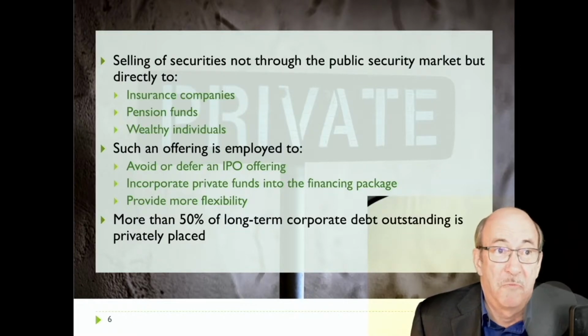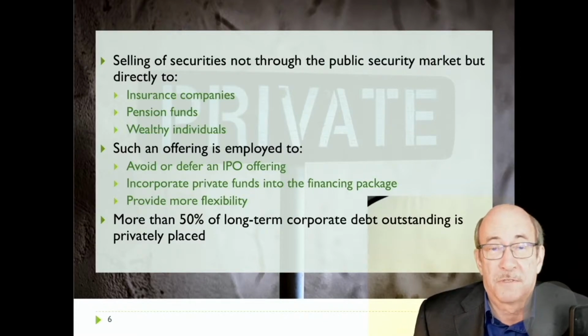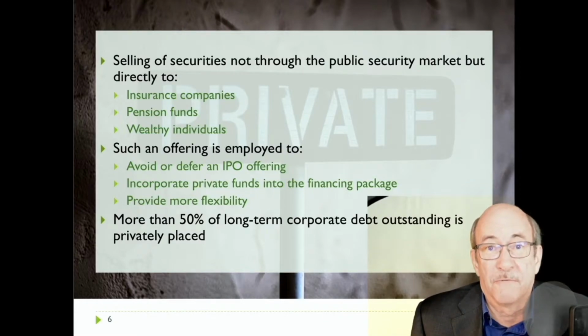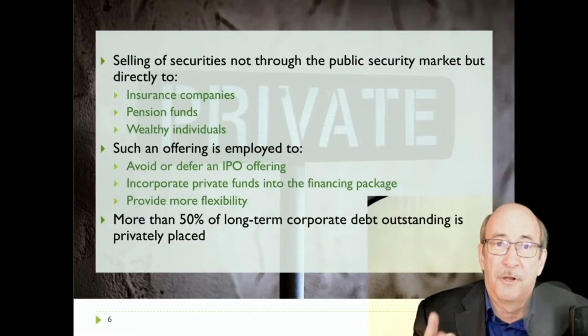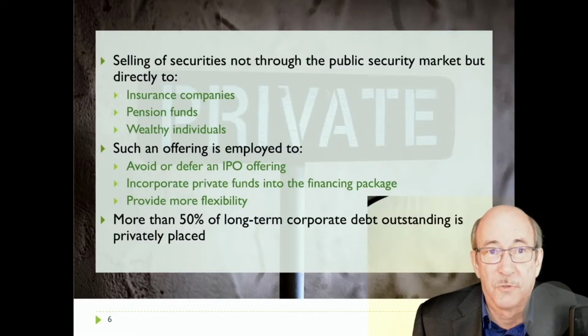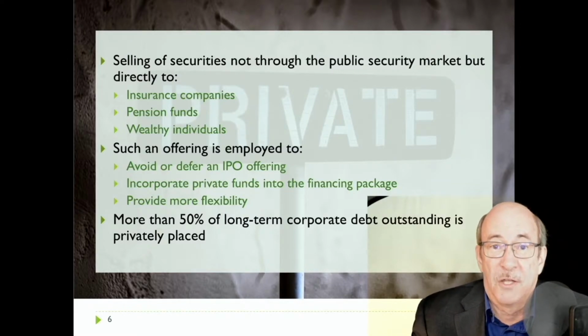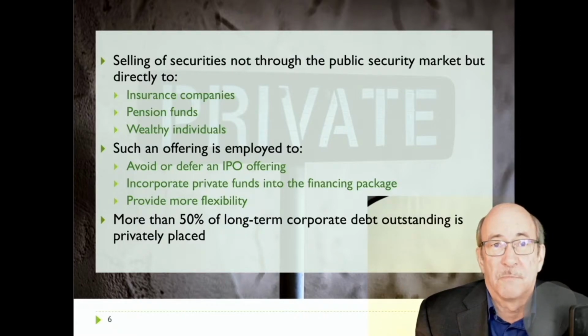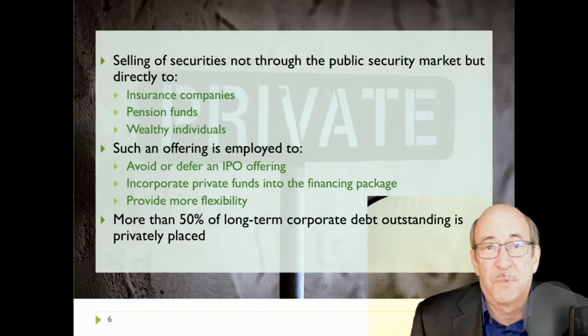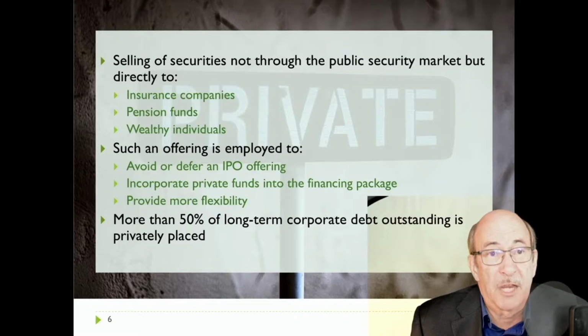Basically, you have one of two choices: you pay the interest, or you go to court over bankruptcy, right? In a private placement, you've got a third opportunity, and that is to privately sit down with those participants in that offering, because it's a small group, and negotiate some changes to the bond indenture. And that way you might avoid bankruptcy.